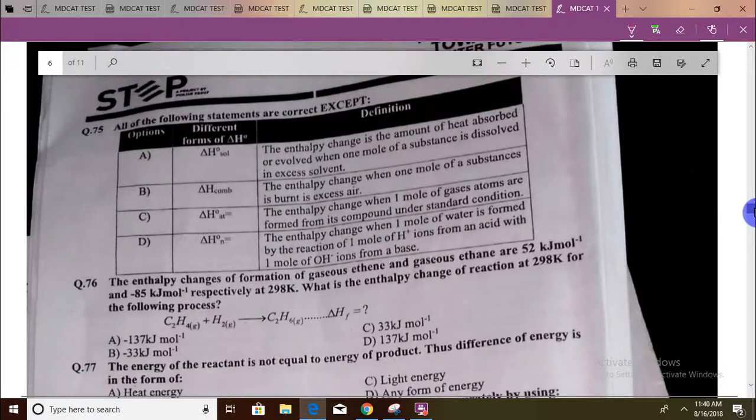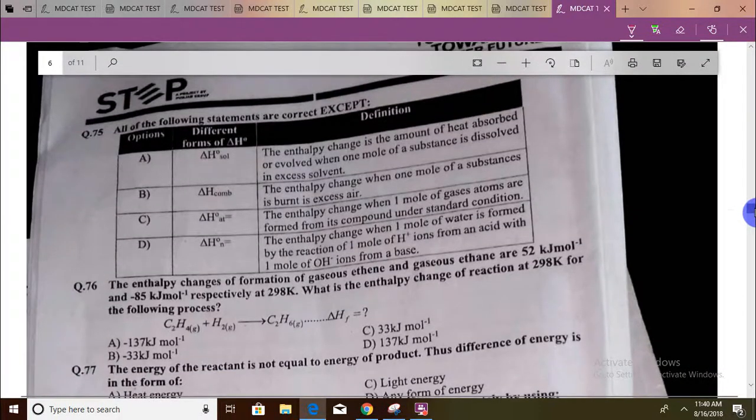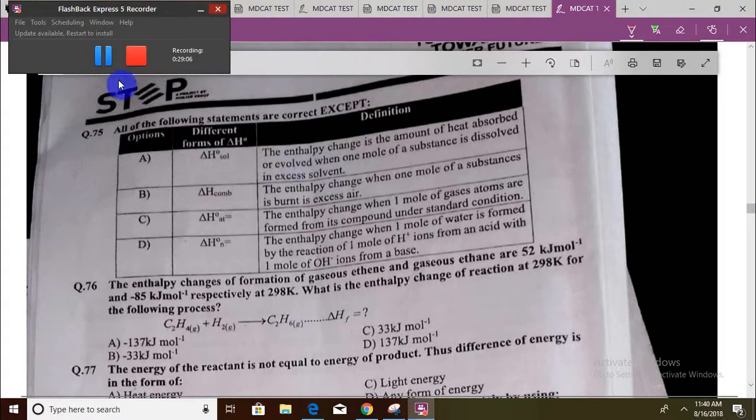So all of the following statements are correct except. So we look over here. Delta H naught solution is the enthalpy change, the amount of heat absorbed or evolved when 1 mole of a substance is dissolved in excess solvent. This is actually true, and they've given two values of delta H solution.